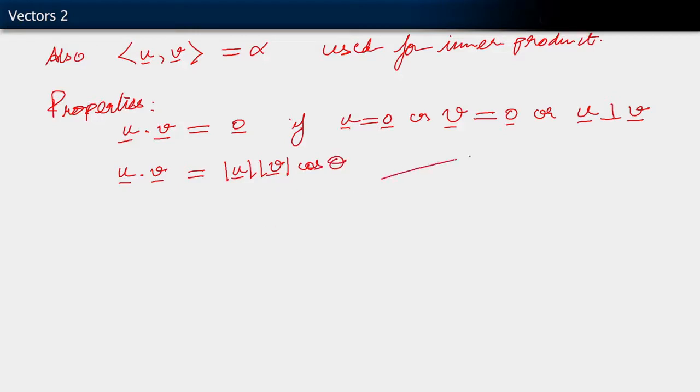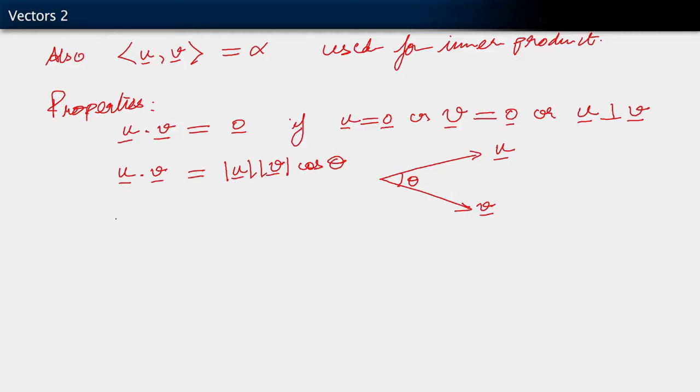So if that's our vector u, this is our vector v, and that angle between them is theta, then u dot v is u times v times cosine theta, all right? Where it really doesn't matter which direction theta is measured in, and that's a property of the cosine function.